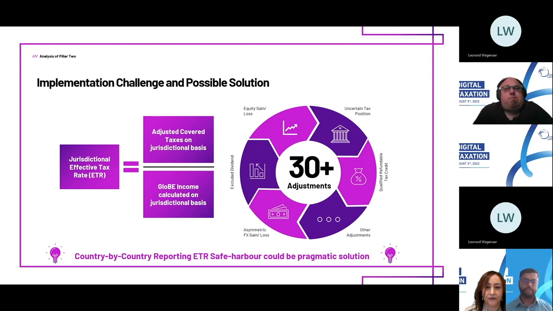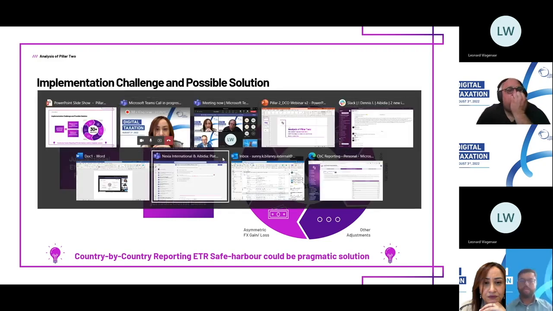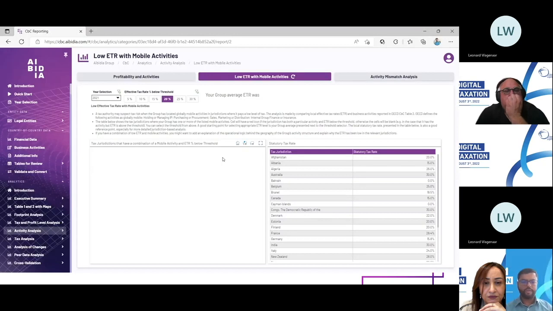Like at IBERIA, we have developed a technology which helps multinationals file CbCR, undertake analytics, and also compute the ETR across all jurisdictions. Let me just show it to you how it looks like. This is quite a simplified version of it. So yeah, it should appear in a minute.